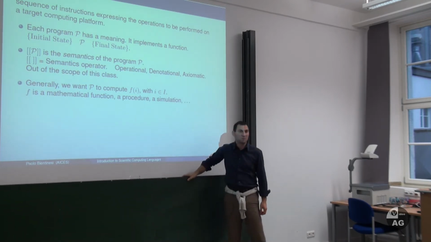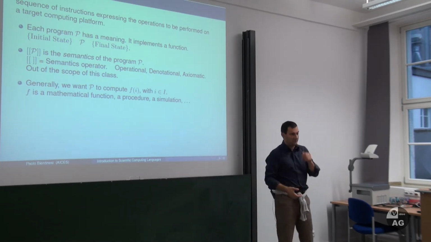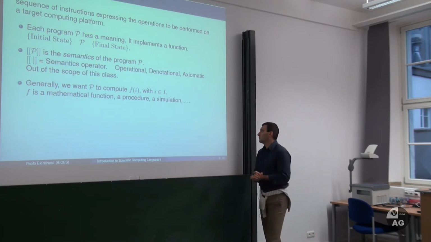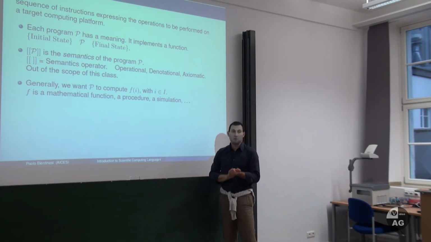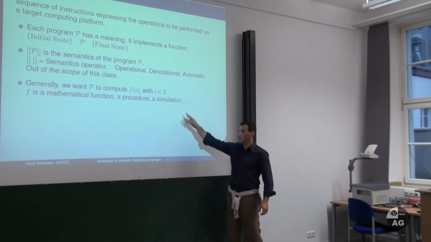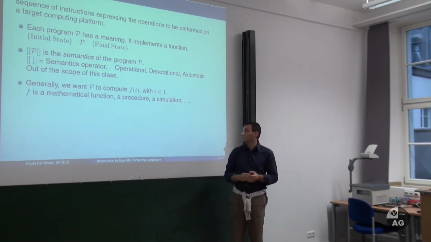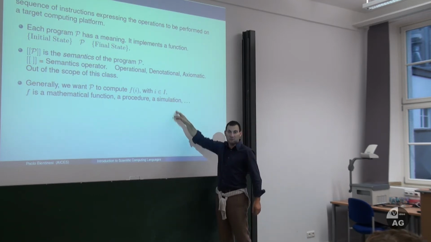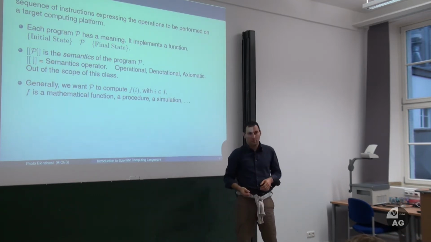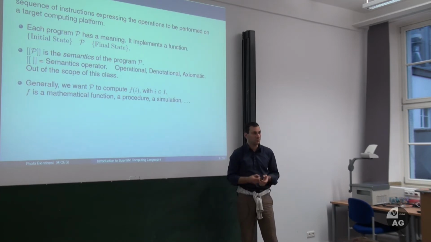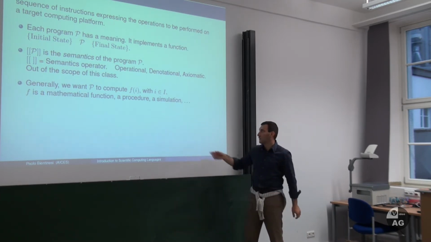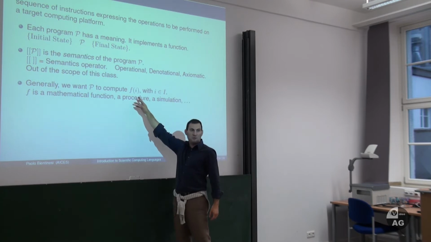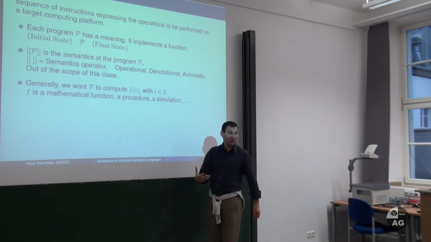Or maybe my function is a simulation of a finite element method model applied to a bridge. Okay, we take the input data, we take the model, and we run a simulation, and it spits out the stress or whatever we want, the plot. Our program, any way you look at it, is a mathematical function.